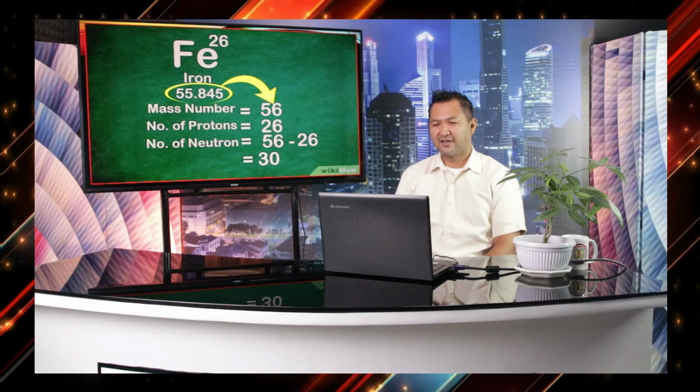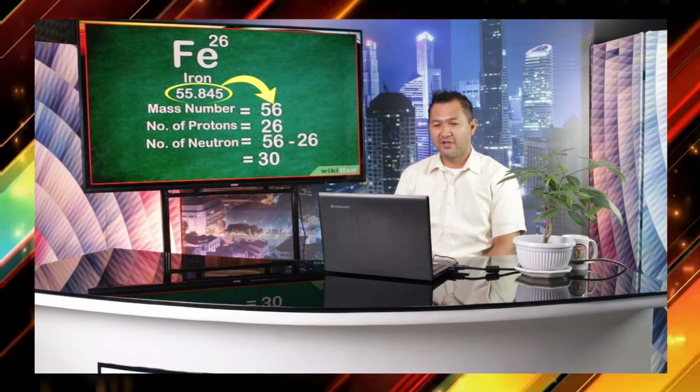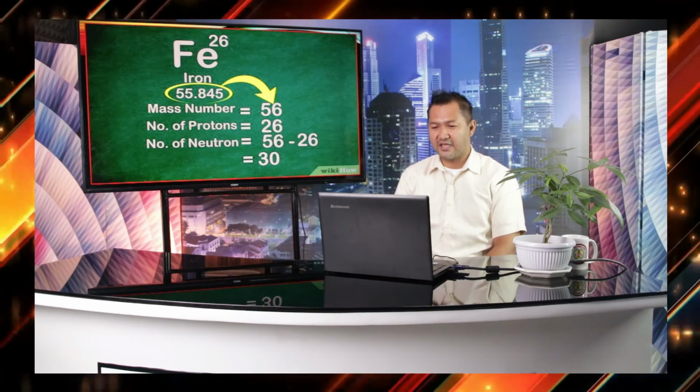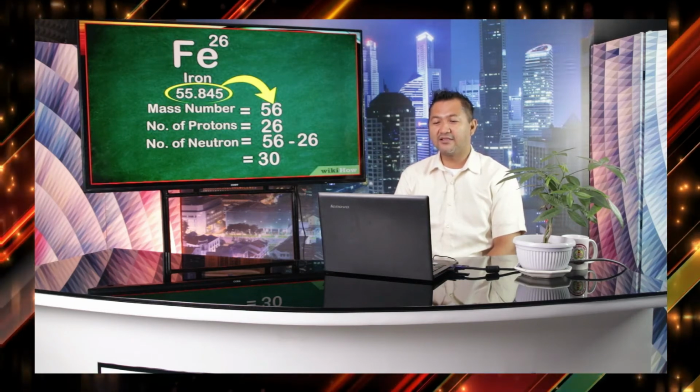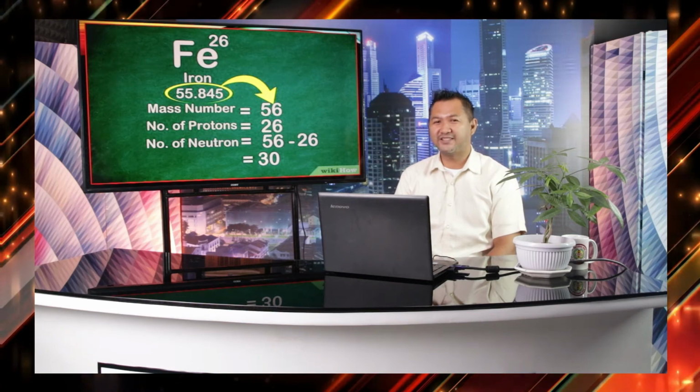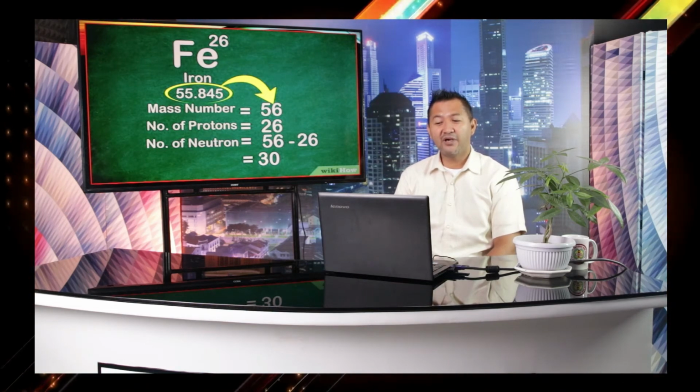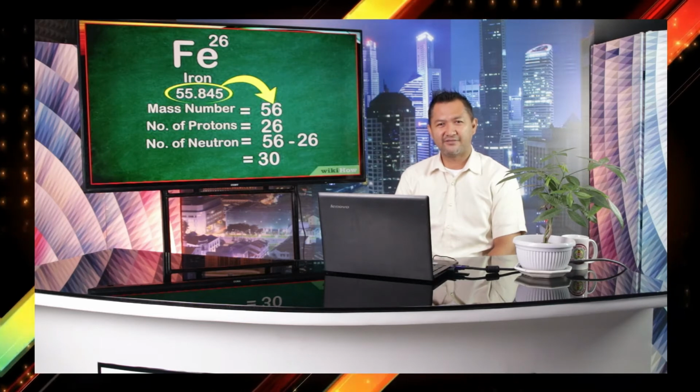Let's try. Here we have element iron with a symbol of Fe. The mass number is 56 and the atomic number is 26. Then the number of neutrons is 30.